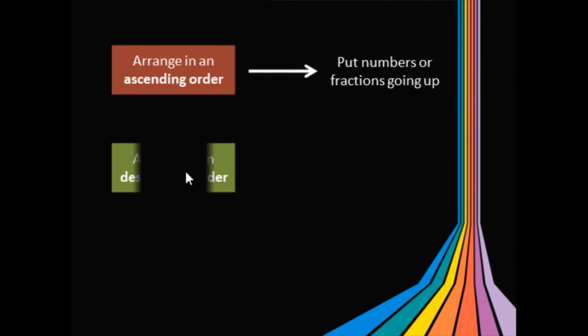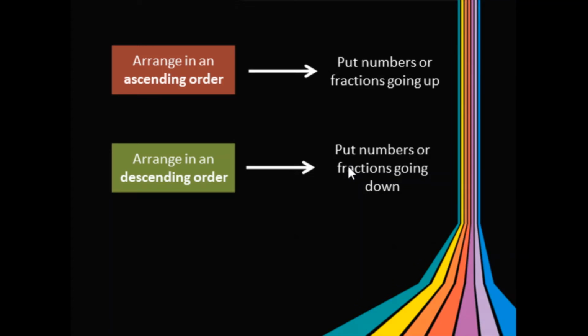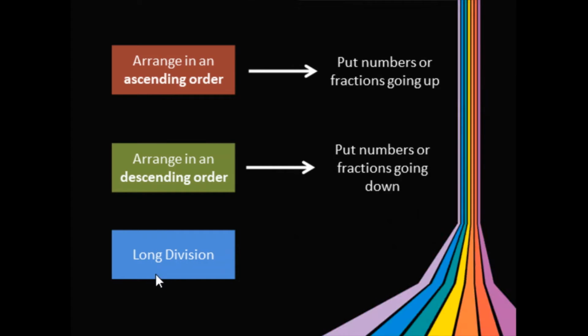But when we say arrange in a descending order, we put the numbers or the fractions going down. Ascending is lowest to highest, while descending is highest to lowest. It's going down.